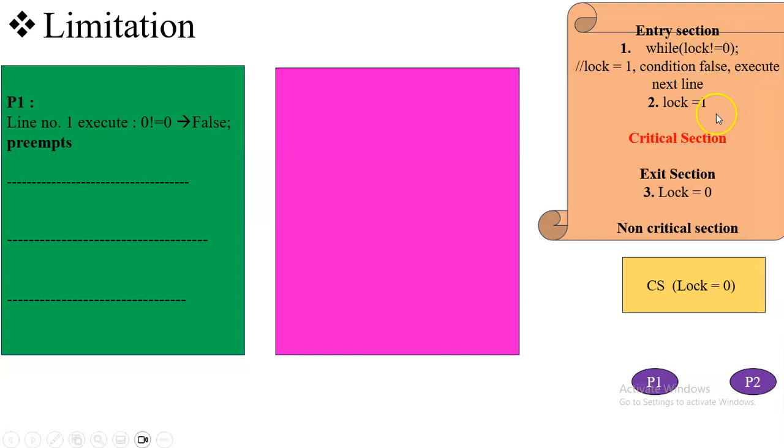However, before storing that lock equal to 1, P1 preempts itself. Preempts means it stops its execution and switches to the next process. So from P1 we have preempted to P2. So what is the value of lock? It is 0 only, because before converting the value to 1, it got preempted.